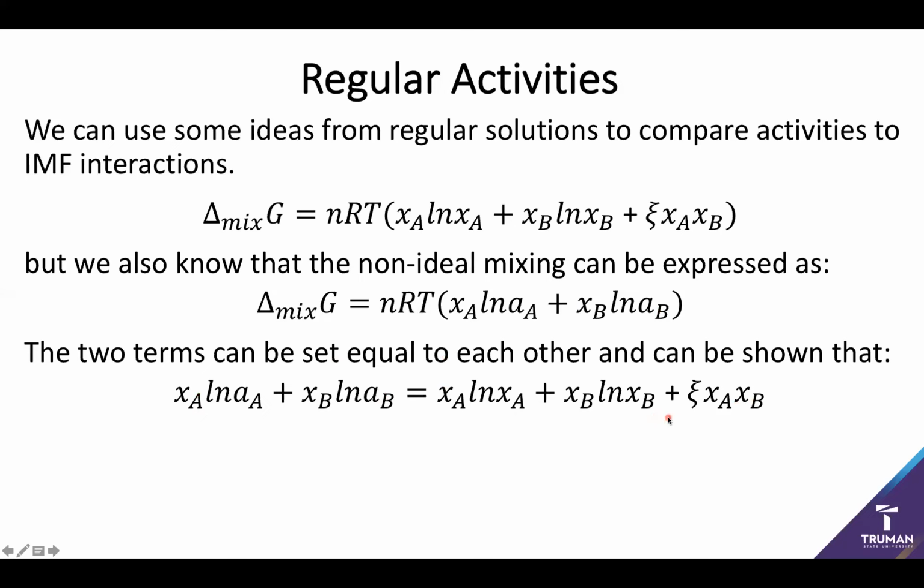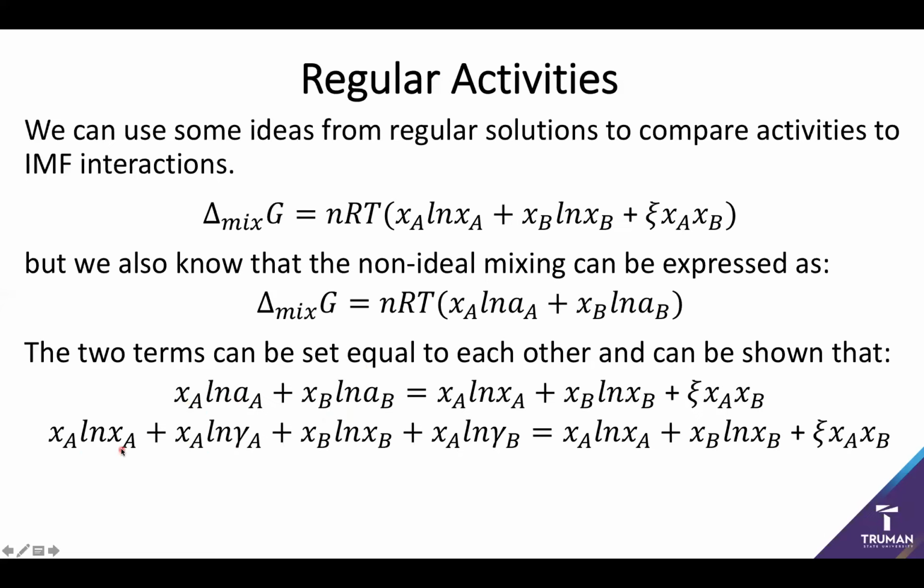When we do this, we can give a little bit more information about the activity. We're going to turn these activity numbers into a combination of the mole fraction plus the activity coefficient, just like we did earlier. And we can do this for both A and B.